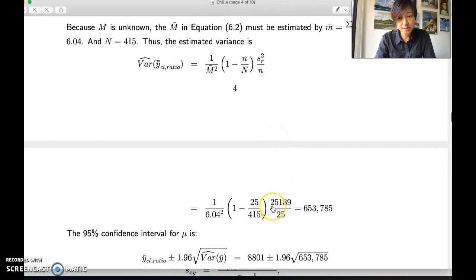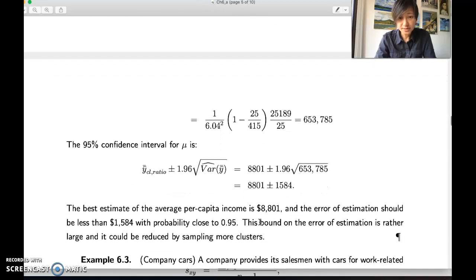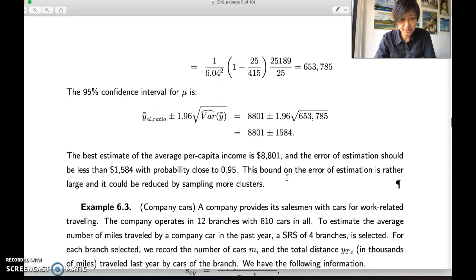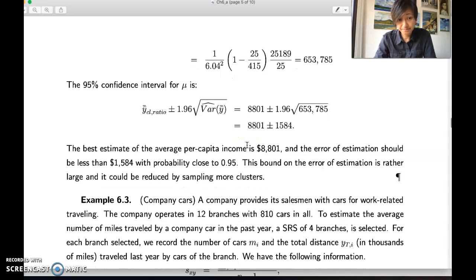It equals 25189 divided by, again, n, the number of clusters that we sample, and then n out of the total number of clusters in the population. Taking the square root of the variance, multiplied by the constant at the 95% confidence level, we have the confidence interval as expected.